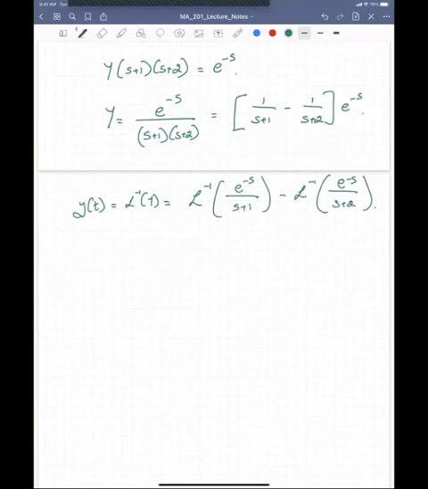So again, this is something that will be important in other problems. So please do pay attention to how to calculate the inverse Laplace transform of a function of this kind.